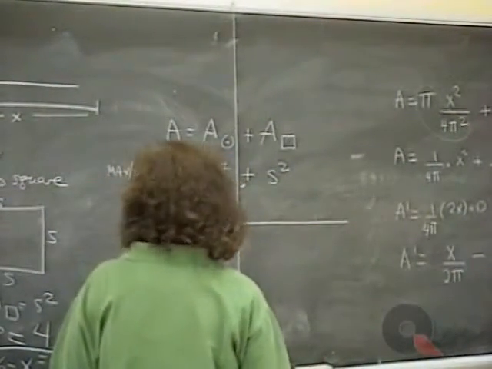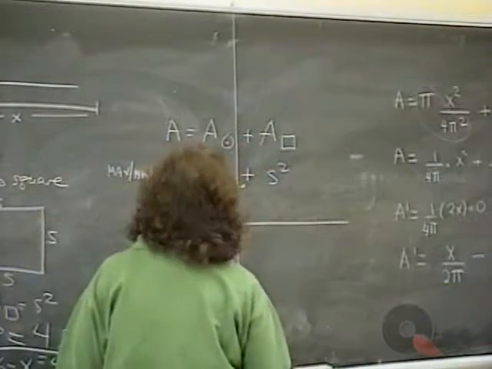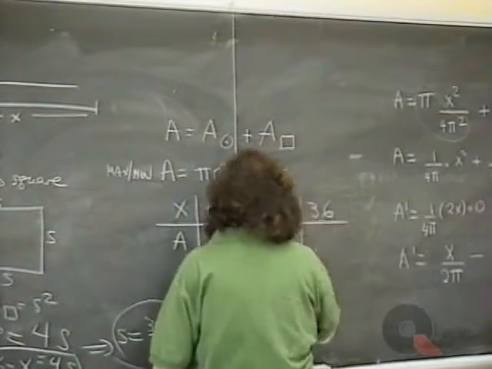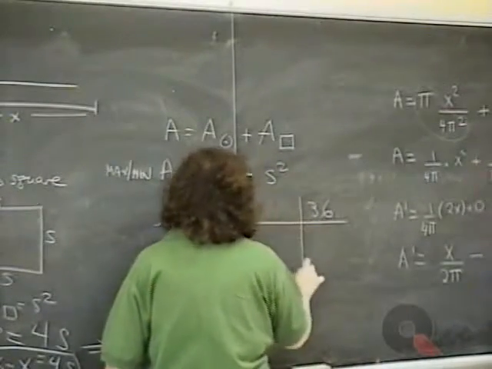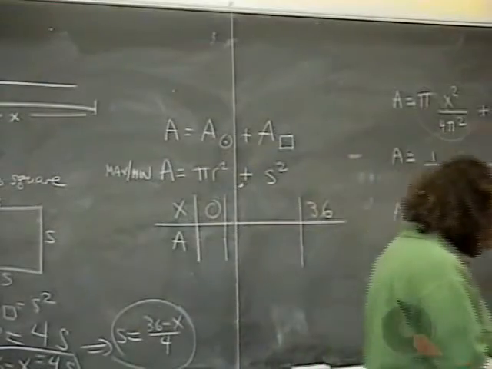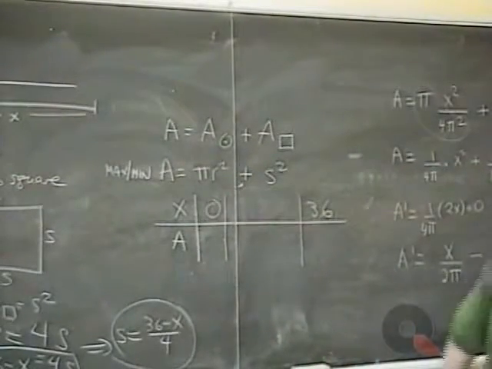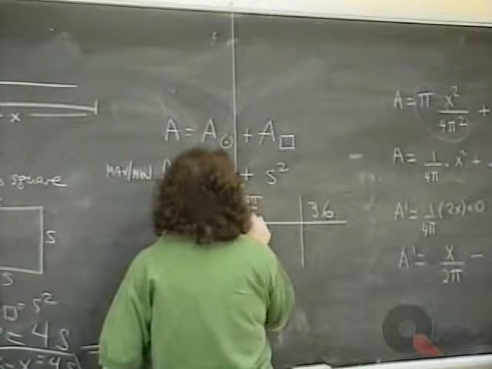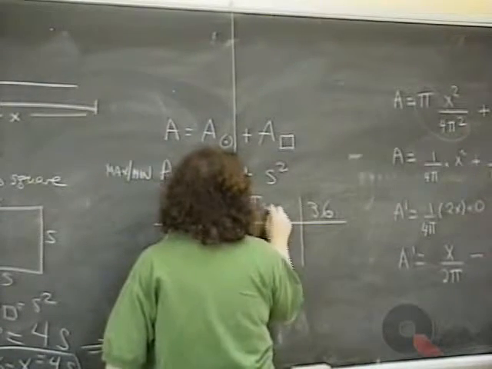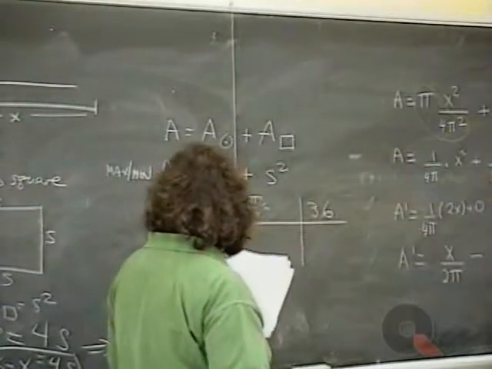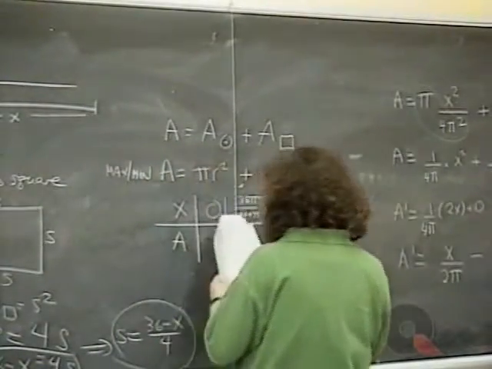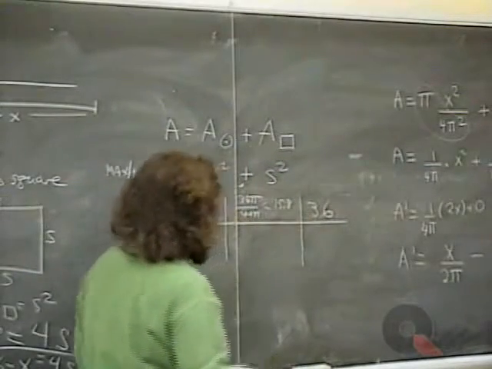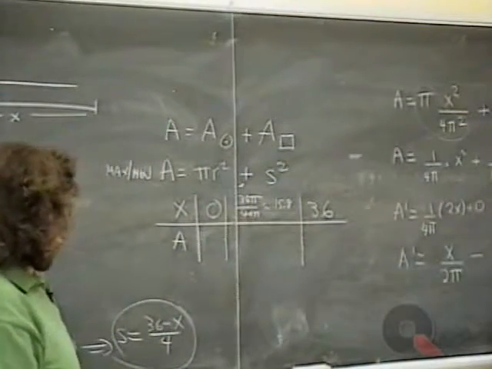I may have just erased that, but the interval was from 0 to 36. The only value that falls in between is 36 pi over 4 plus pi. You work this out on your calculator, it's approximately equal to 15.8 inches. So it is a value in between 0 and 36.